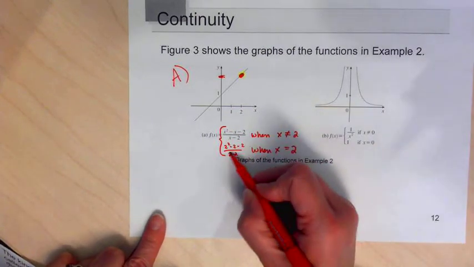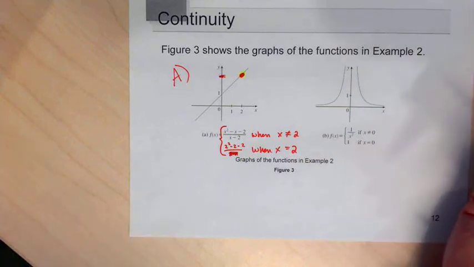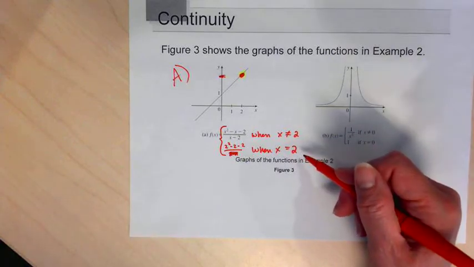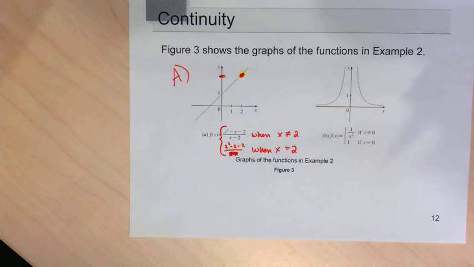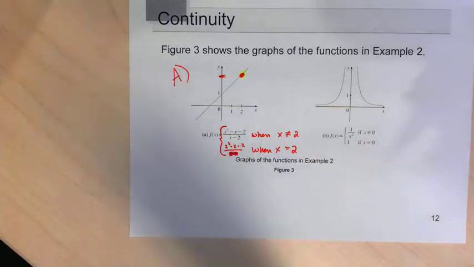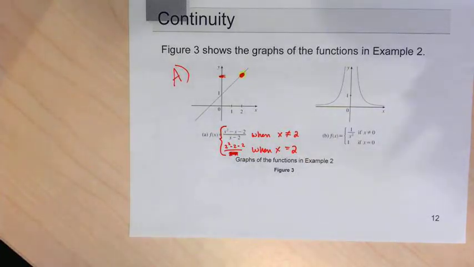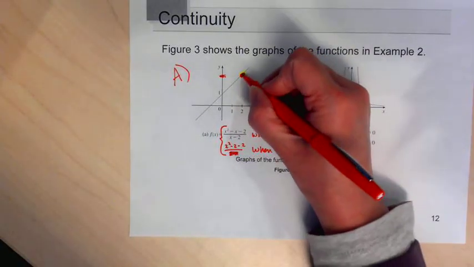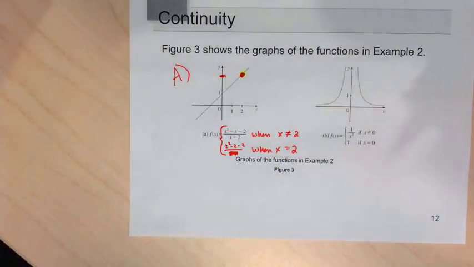Then when x equaled 2, we define this function a number value. If we plug in a number value there, then we remove that discontinuity. So we're just going to plug the function in at that open space. Now we could say that function is continuous. So that would be a removable discontinuity.